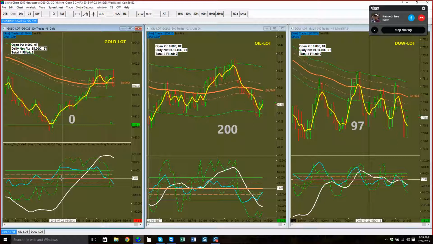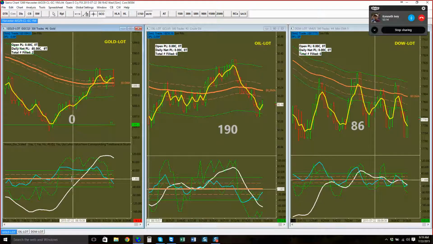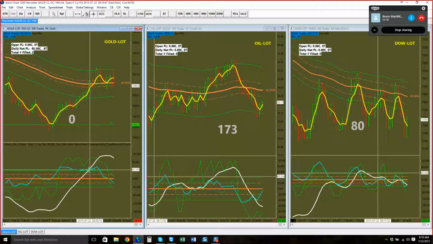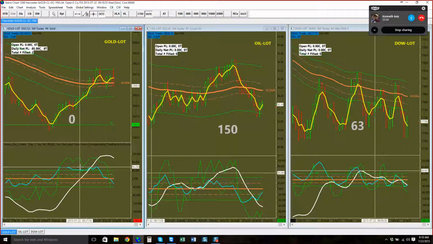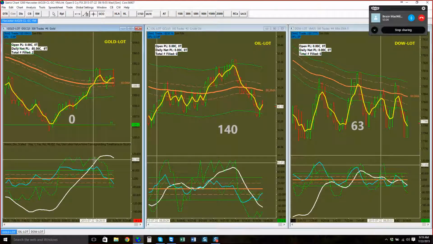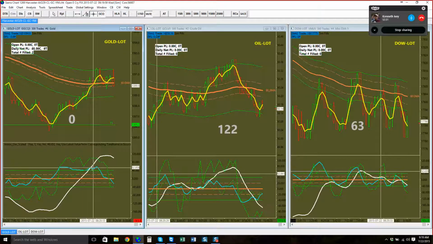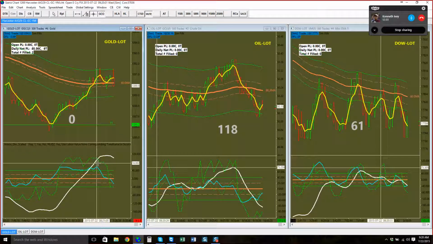And once you're in a position, you'll be watching how these lines interact with each other. Your first absolute exit, if you were to take it, is the blue crossing the white. If the Aroon still hasn't crossed the white MACD, then your second absolute exit has got to be the Aroon crossing the white MACD.